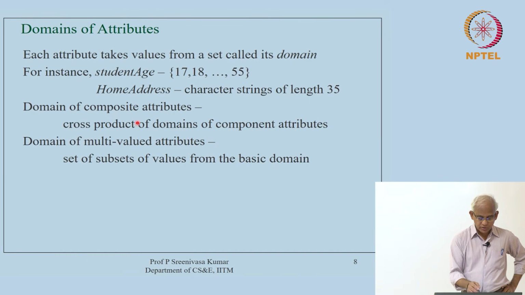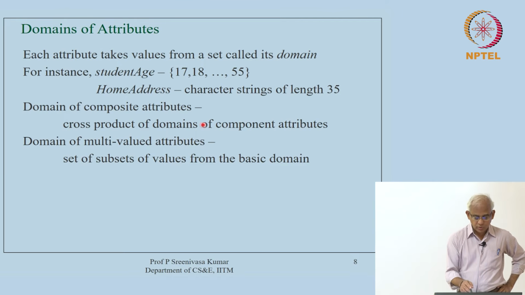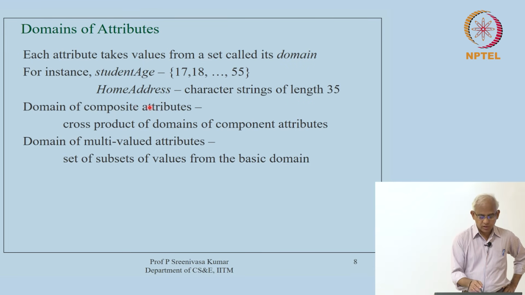Domains are basically nothing but sets of values, and these are associated with these attributes. Now, for composite attributes, we can think of that as having a value which is an element of the cross product of the domains of the component attributes, right. So, for a composite attribute, the value is actually a tuple. It is a composite attribute, it has components.